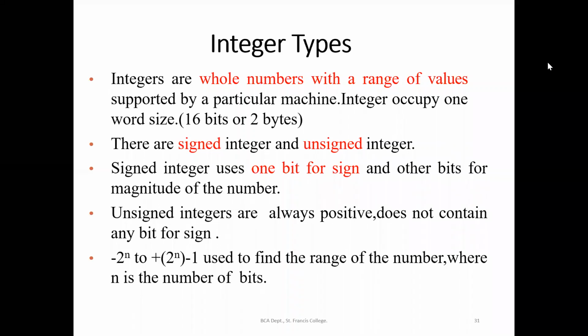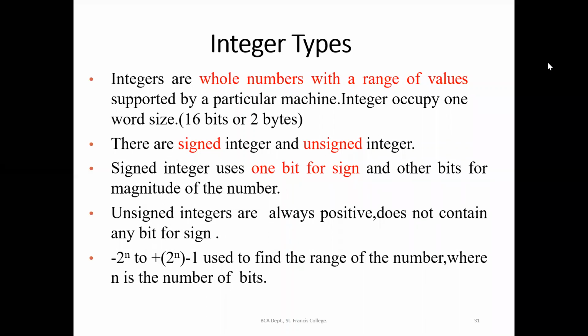Integers are whole numbers with a range of values supported by a particular machine. In Balagurusamy, we are referring to integer for a 16-bit operating system, so we will take only 2 bytes.